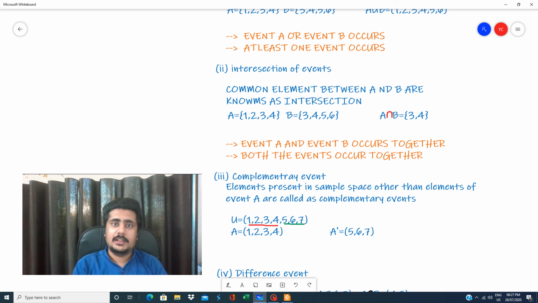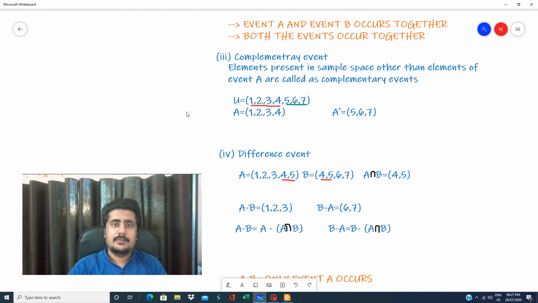The common elements between event A and event B are known as intersection of events. Then complementary event. I told you that in sample space, if U is 1, 2, 3, 4, 5, 6, 7 and A is 1, 2, 3, 4, then 5, 6, 7 is the complement.